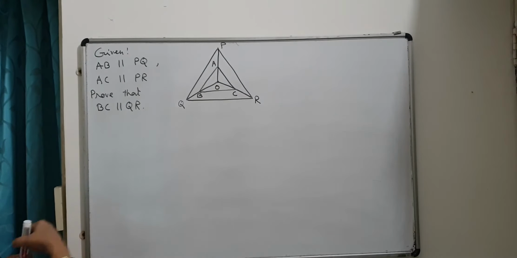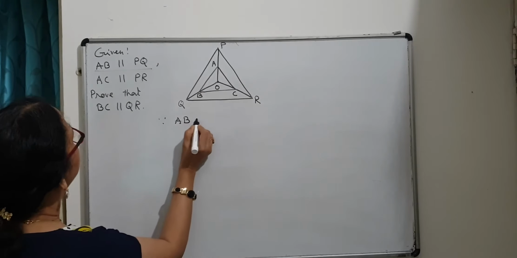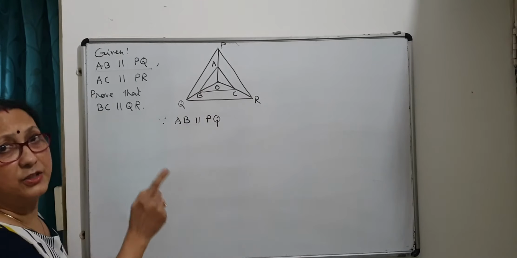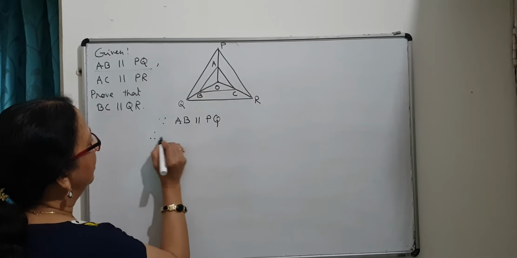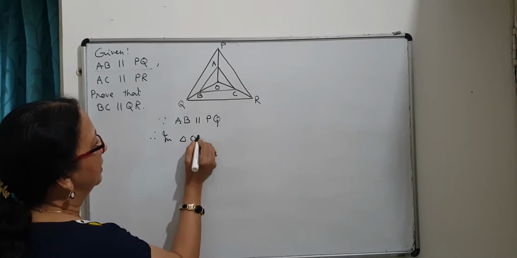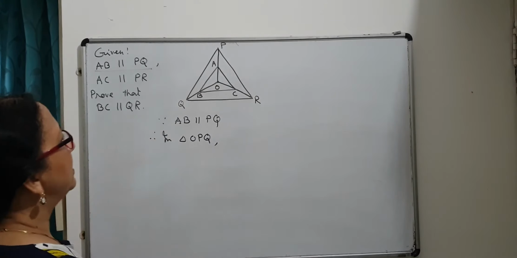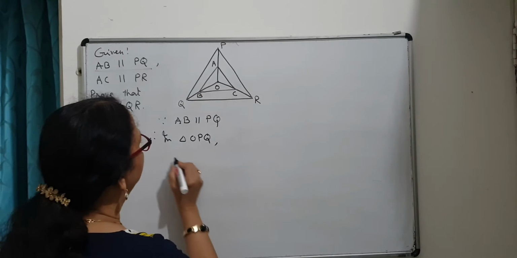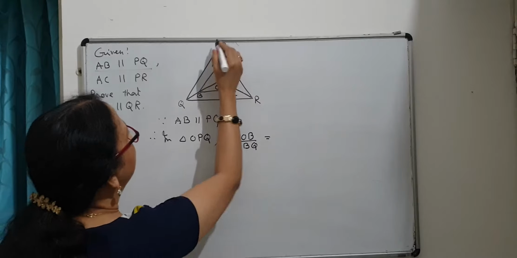So you see how I'll solve the question with the help of the basic proportionality theorem and its converse. Since AB is parallel to PQ, which triangle should I consider? AB and PQ are in the triangle OPQ. Therefore, in triangle OPQ, with the help of BPT, OB by BQ is equal to OA by AP.